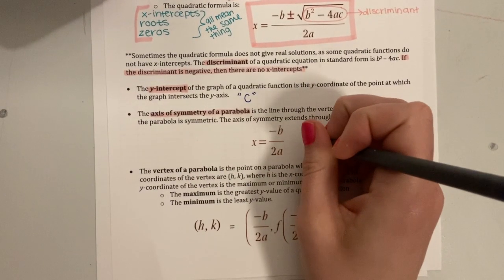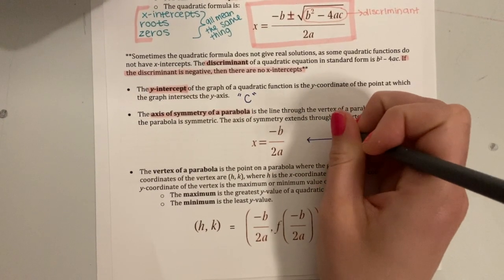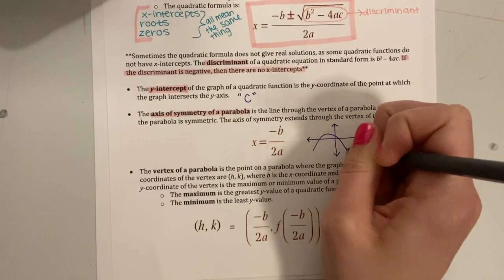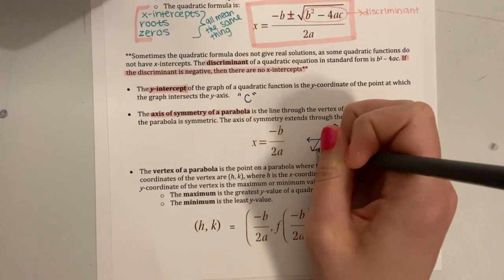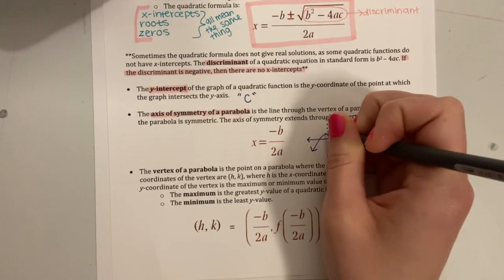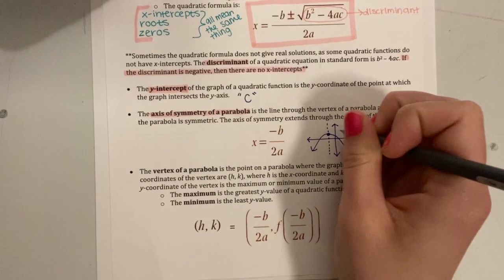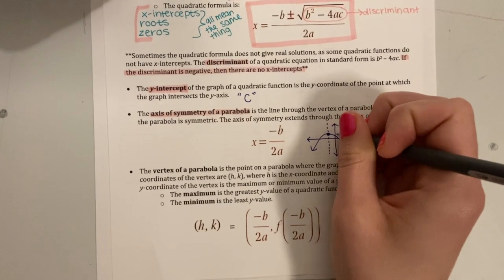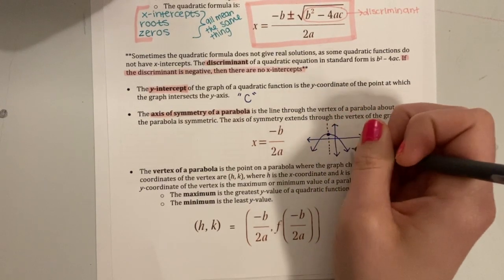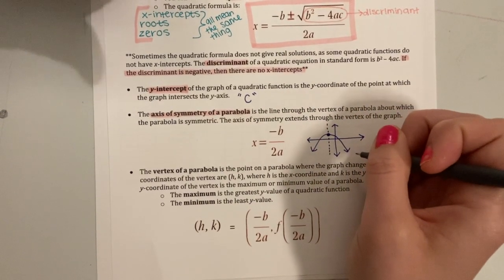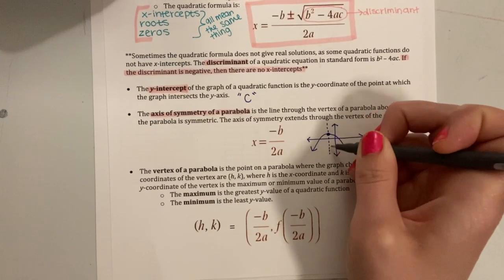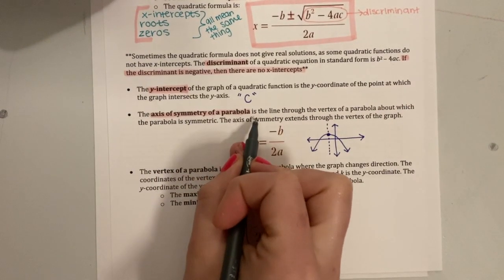If I have my coordinate plane and I have a parabola, something like that, I know that there is a line down the middle, in this case where we have our maximum value, right? On the right side of it and on the left side are the exact same. They are mirror images. What this line is called is the axis of symmetry.